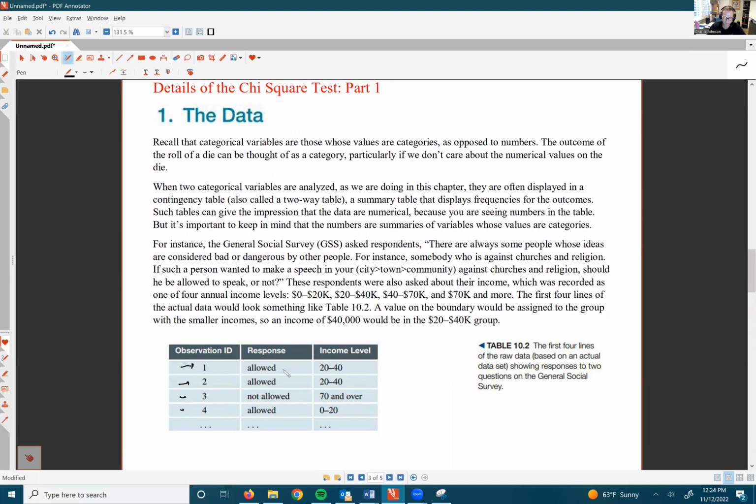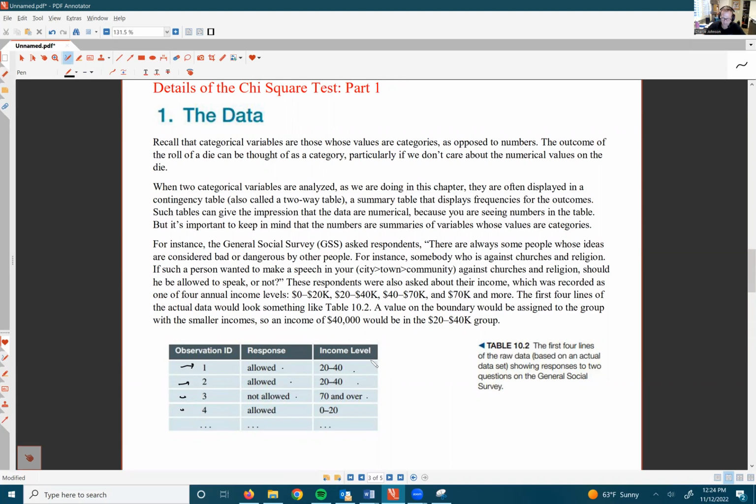So the first person was allowed to speak with an income level of 20 to 40,000. Second person was allowed to speak with an income level of 20 to 40,000. And the third person was not allowed to speak, and they had an income level of 70,000 and over.